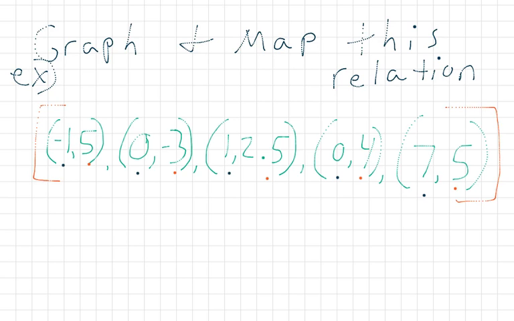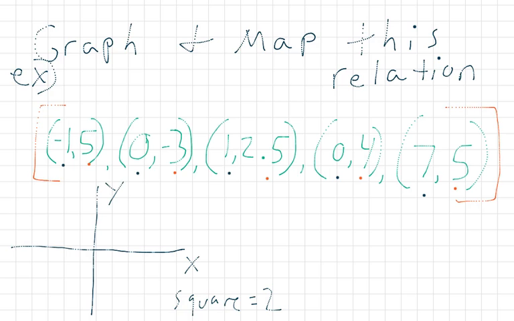Let's go ahead and graph this. So what I'm going to do here is draw my axes, an x-axis and y-axis. And what I'm also going to do is make every square 2 spots, just because I have some larger numbers here than the screen I have.